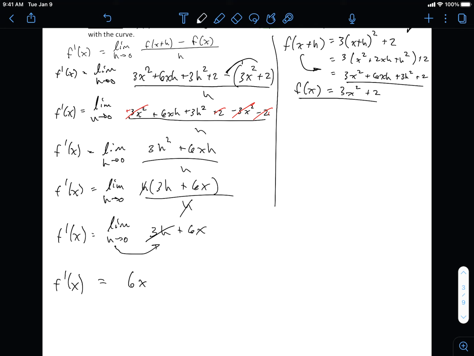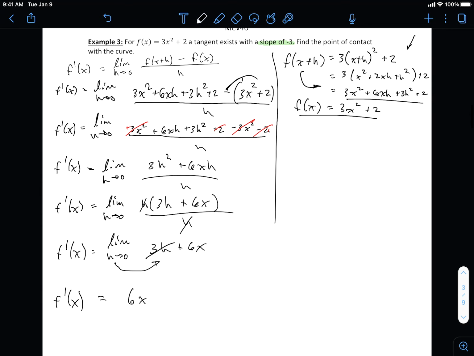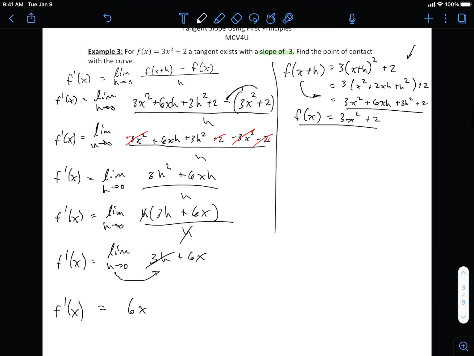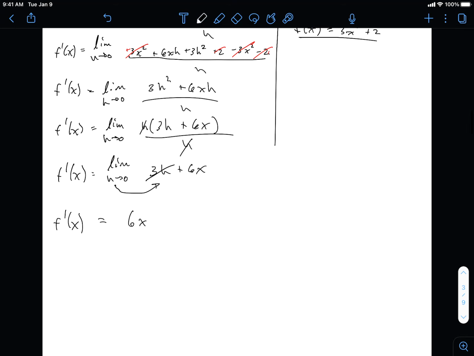Now, we also learned at the very beginning of this question, we know what the slope is. The slope is equal to -3. Well, this is the equation that represents what the slope is at any particular point, and it told us that the slope was -3. So we're going to say -3 has to equal 6x.